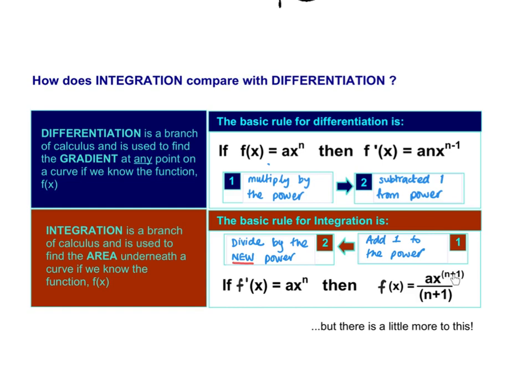So we've added 1 to the power, and then we have divided by the new power. The new power was n plus 1. So we divide by n plus 1. And that is the rule for reversing differentiation, a process that we call integration.